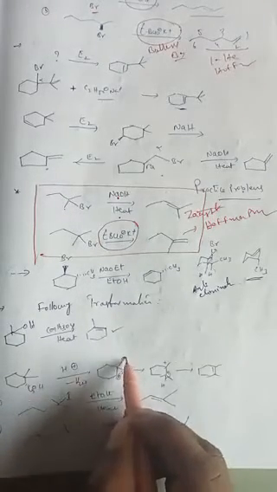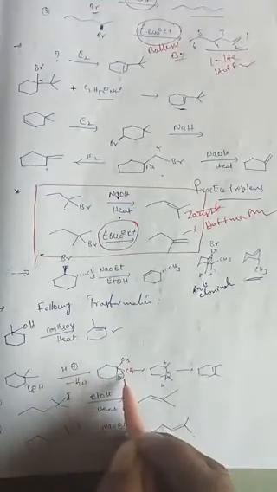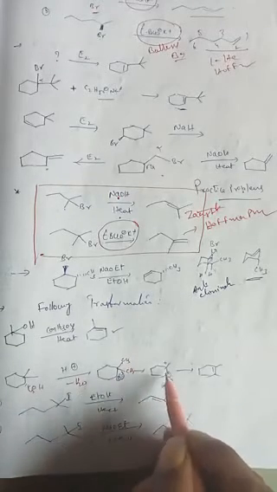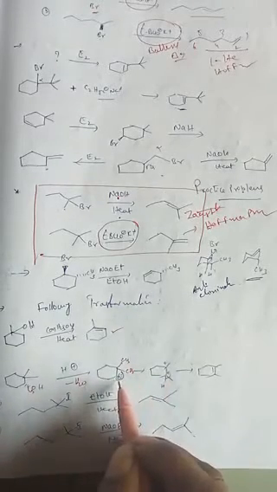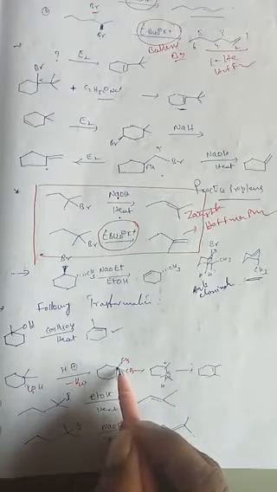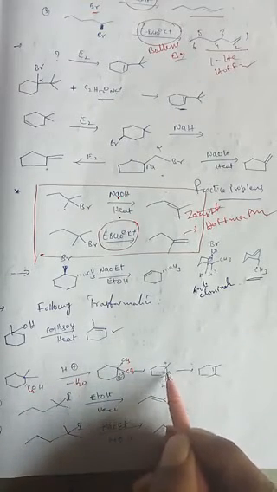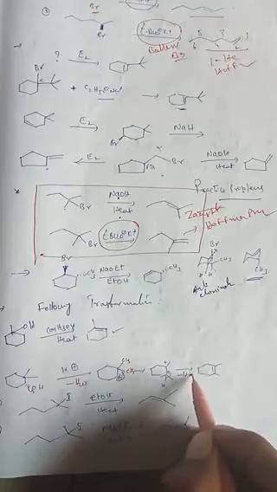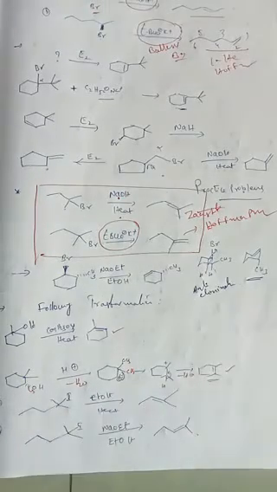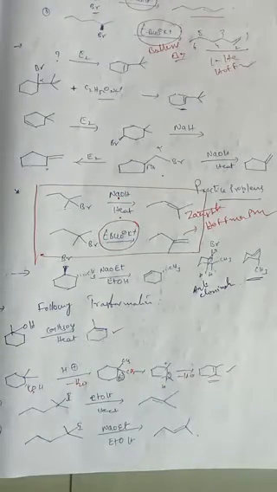Because of the 1,2-methyl shift, the secondary carbocation becomes a tertiary carbocation, then it loses one proton, so the more substituted alkene is the product.